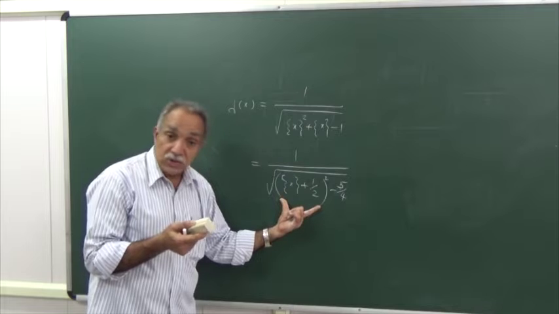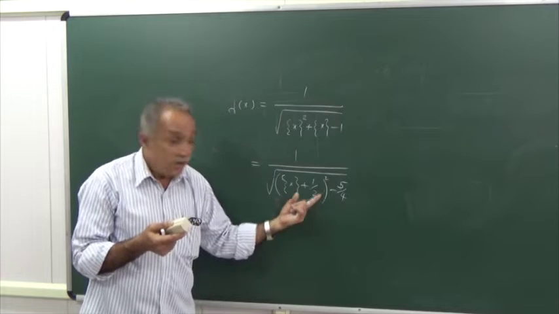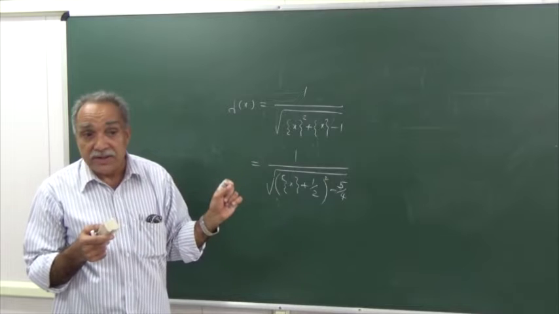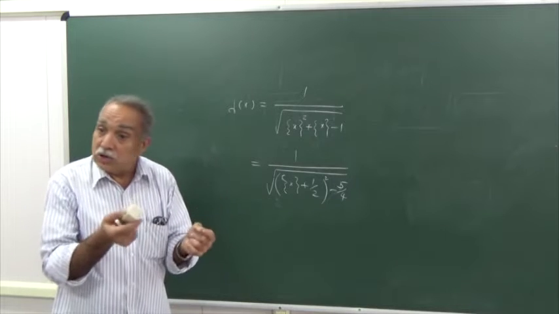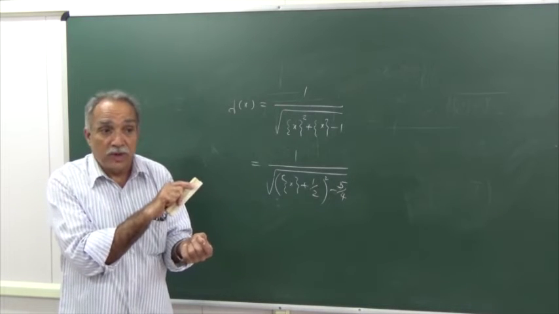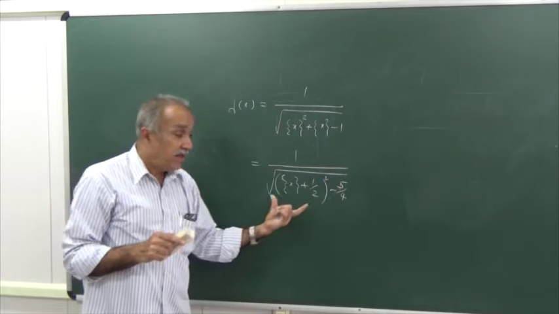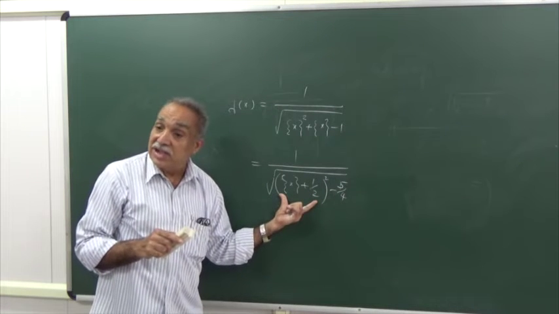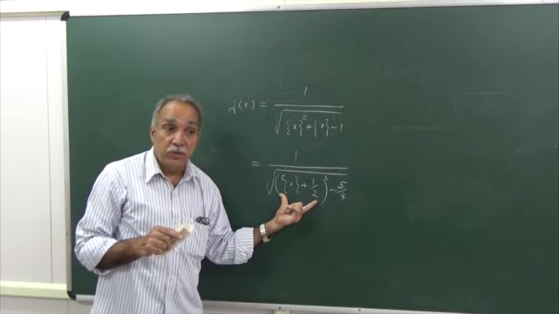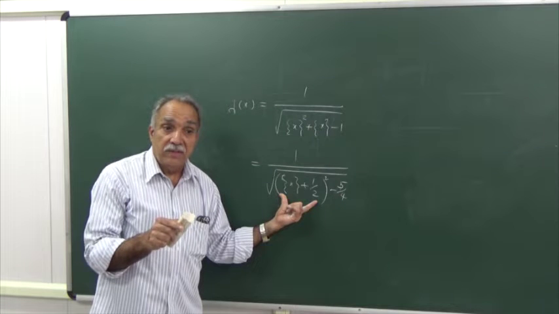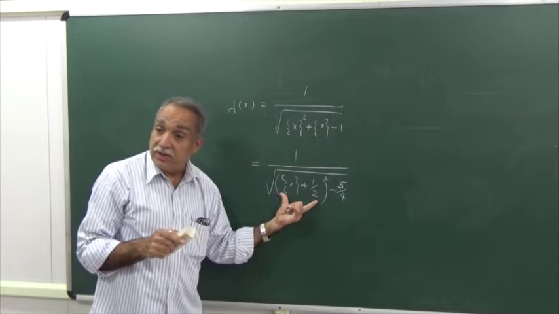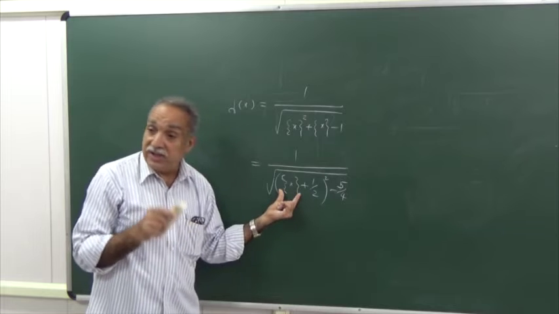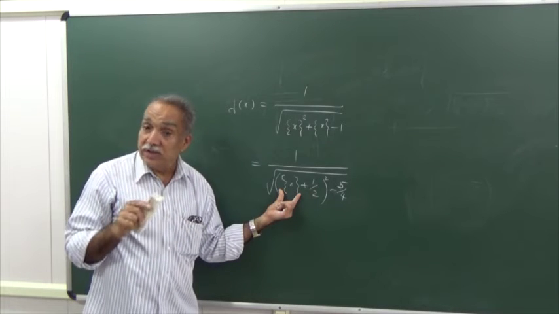To get the square of a number greater than 5 by 4, you need not have the number greater than root 5 by 2. It may also be less than minus root 5 by 2. But that possibility I need not consider here. This number will never be less than minus root 5 by 2. Do you agree? This is less than root 5 by 2 minus root 5 by 2 means this is less than root 5 minus 1 divided by 2.